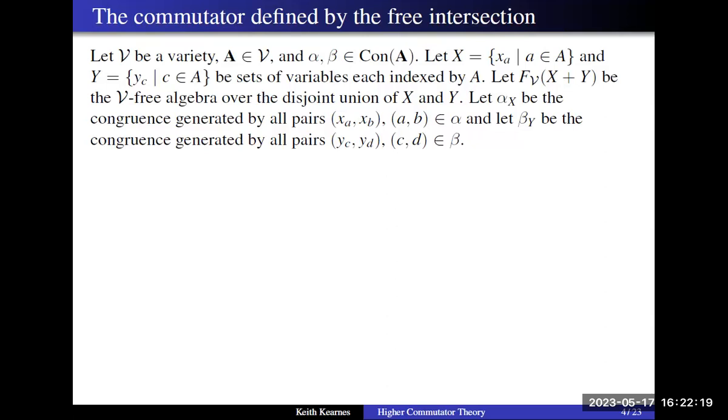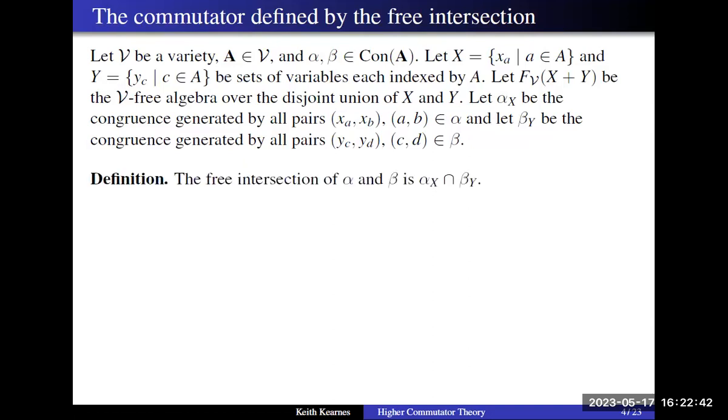X sub a and X sub b will be related provided a and b were alpha related in the algebra A. So I'm copying over the equivalence relation alpha onto some of the free generators. And then I copy over the equivalence relation beta onto some of the free generators. So I have two equivalence relations on free generators, and I generate congruences with those.